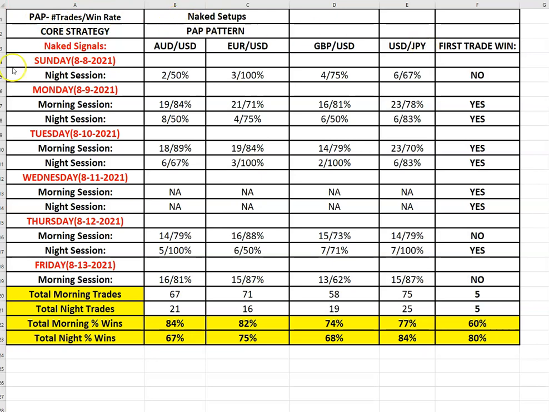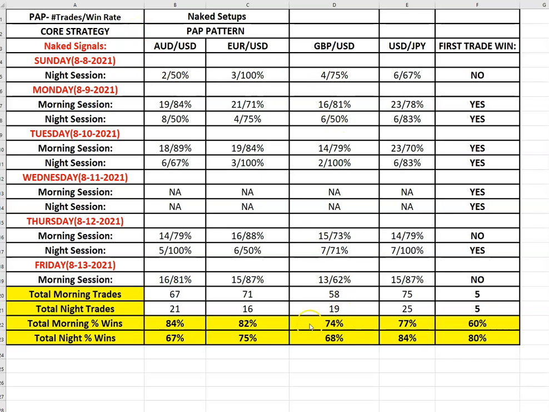When you have a setup in core, there are other things we use to filter out these trades, but assuming you're just trading off the setup itself, without any other filtration in terms of momentum or anything else, these are the kind of results you're going to get.